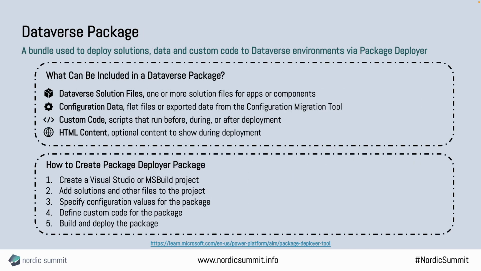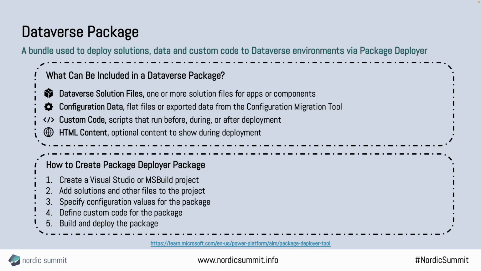You can also have Dataverse packages. This is a way how you can take multiple solutions, if you segment your application to separate your data model from business logic and presentation, for example. You can also include configuration data. So if you have a list of countries that you want to have the same on all the environments, you can export them via a configuration migration tool, and you can use package deployer to deploy that data as part of your unit of deployment, which is very handy if you have some references from Power Automate to some data in tables, for example.